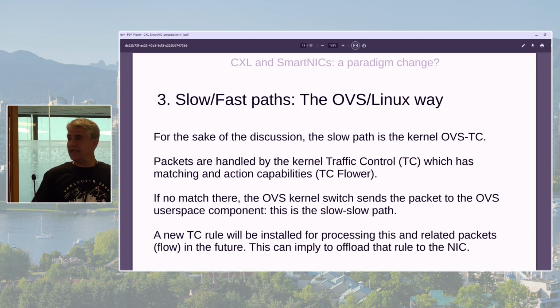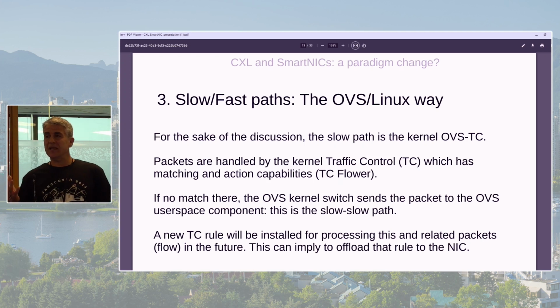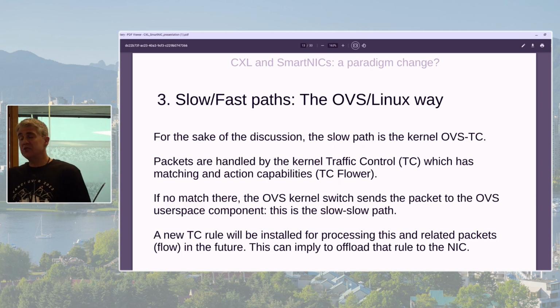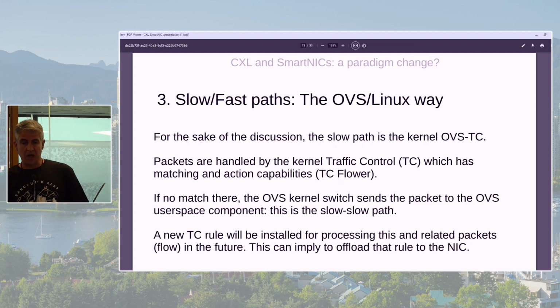So at the end, the system will have the information for handling that packet, that flow. So this packet and subsequent packets from the same flow will be installed in the TC in the system. And if there's a NIC supporting the OVS-TC offload, it will be offloaded to the hardware.